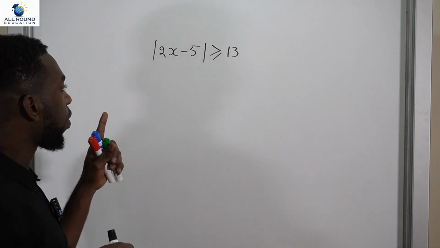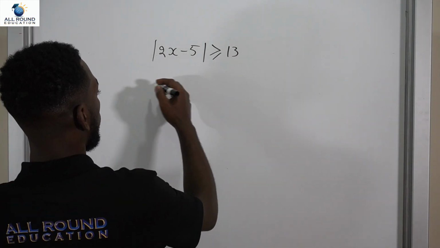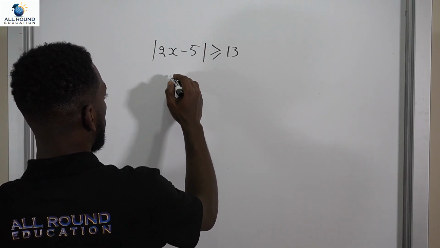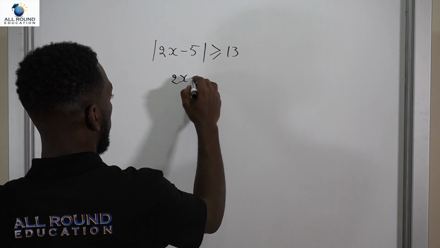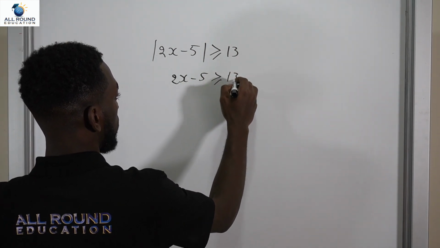For this particular example, we have the absolute value of 2x minus 5 greater than or equal to 13.